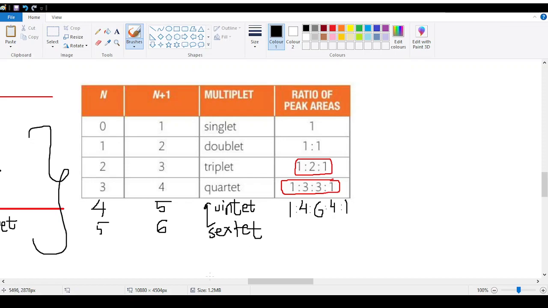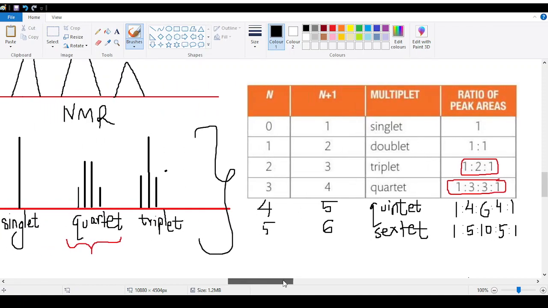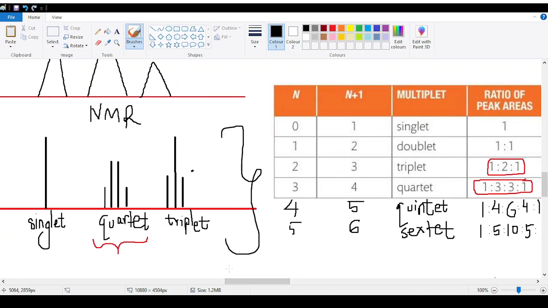This is known as sextet, and the ratio is very complicated. It's 1 5 10 10 5 1. Again, you don't even have to memorize the values. By the time we are done, you will be familiar with the shapes, so you don't have to memorize these values.